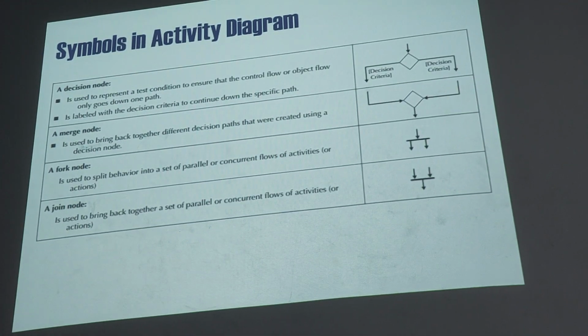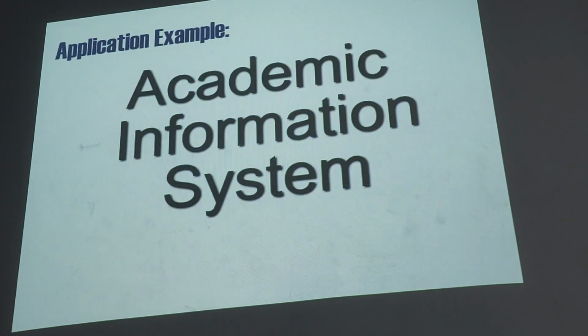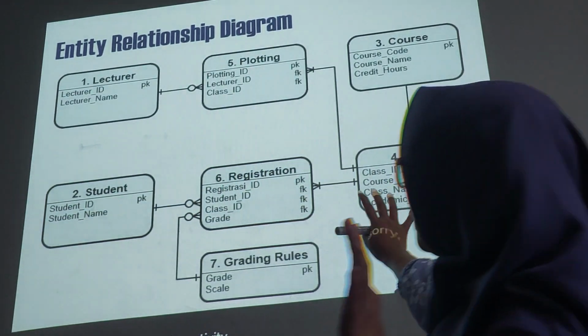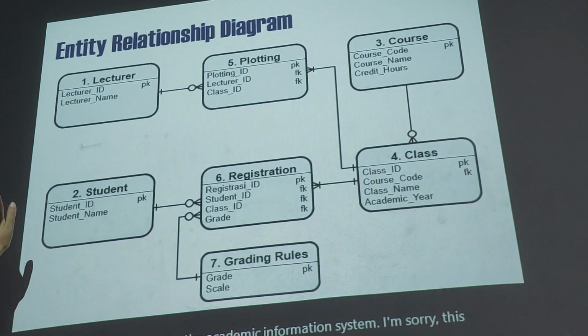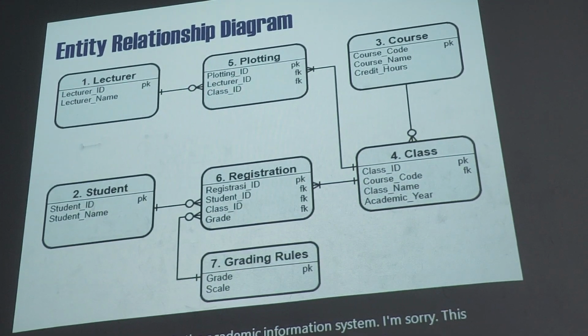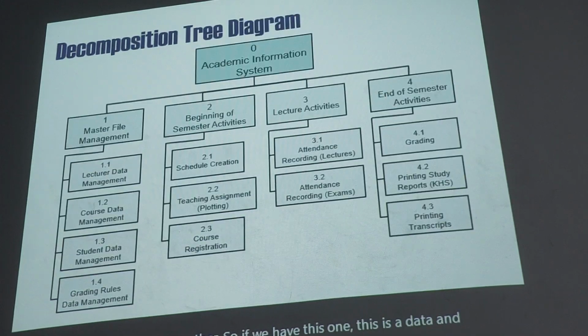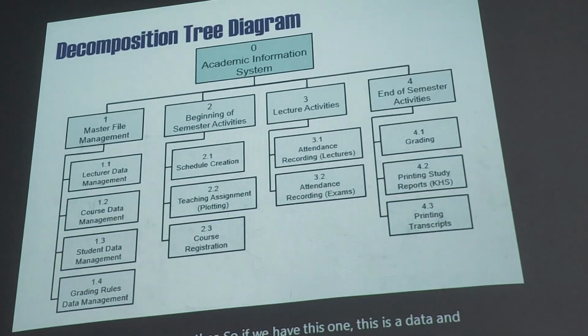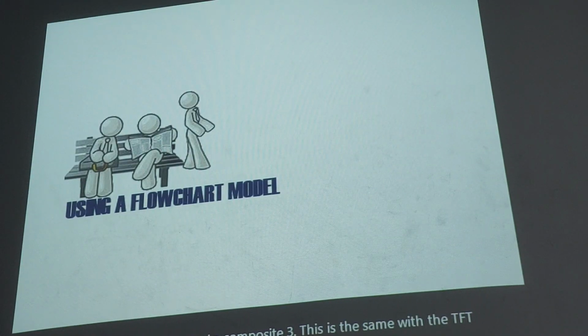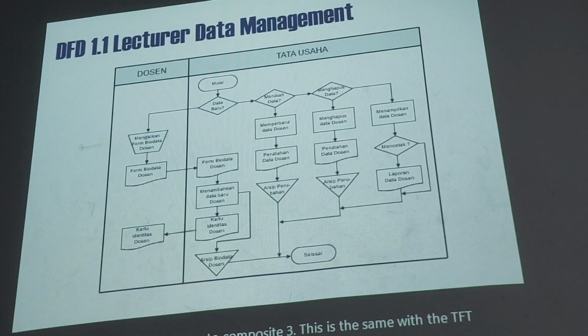You can take a look at your website. This is the academic information system. I'm sorry, this is for entity relationship diagram. So if we have this one, this is a data, and then this is overview diagram, decomposition tree. This is the same with the DFD data flow diagram in the previous week.